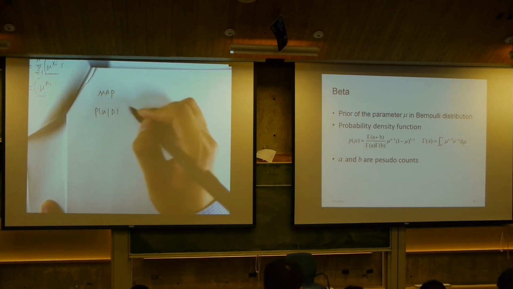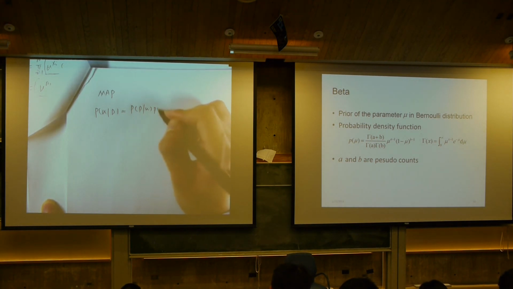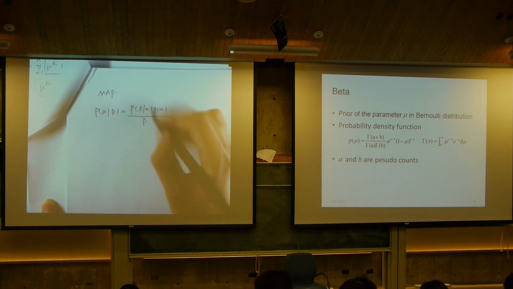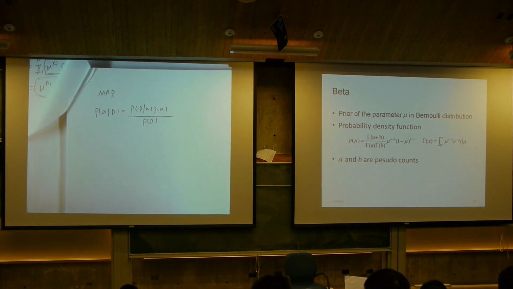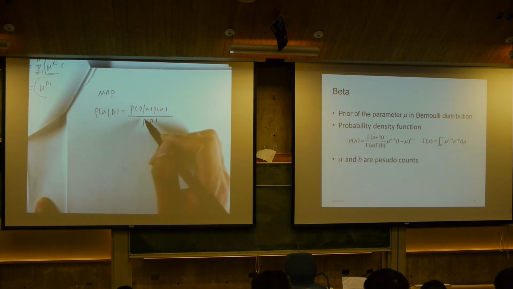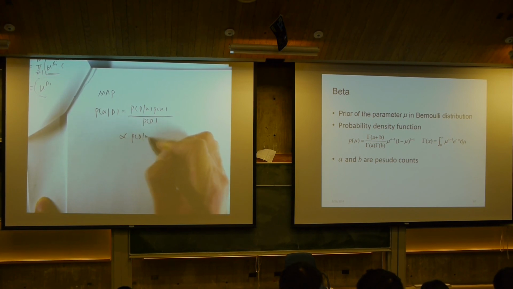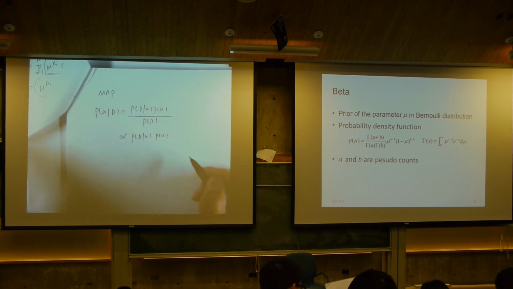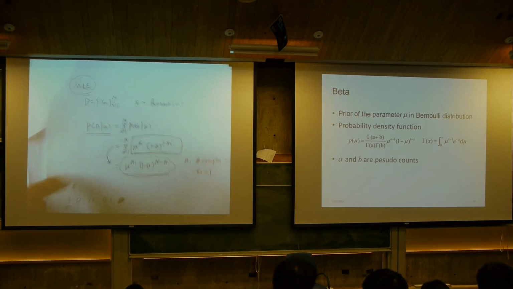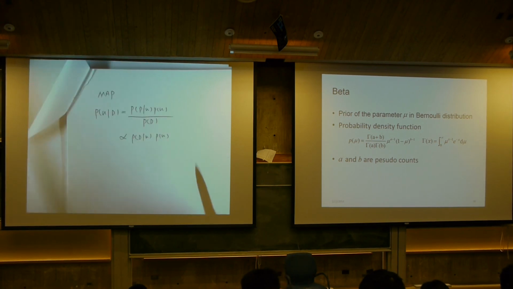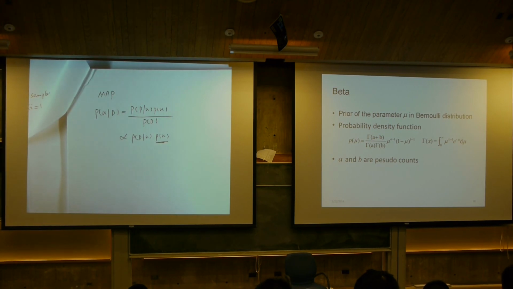According to Bayes' rule, it equals the likelihood multiplied by a prior divided over a constant. This quantity here, P(D), is constant, so we can drop it and rewrite this equation. And this guy, P(D given mu), is exactly the same as we talked about in MLE.